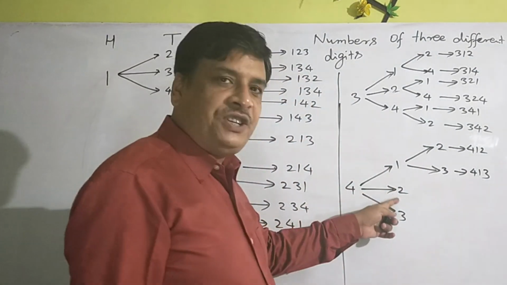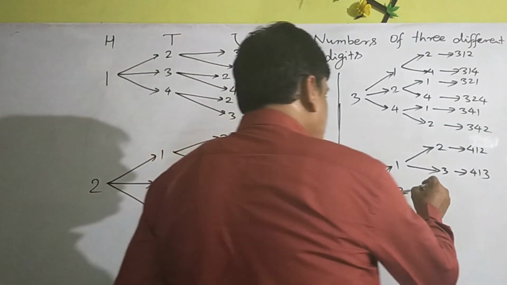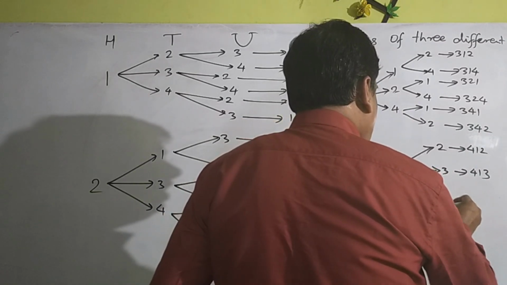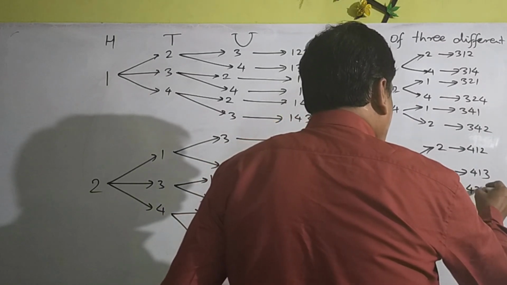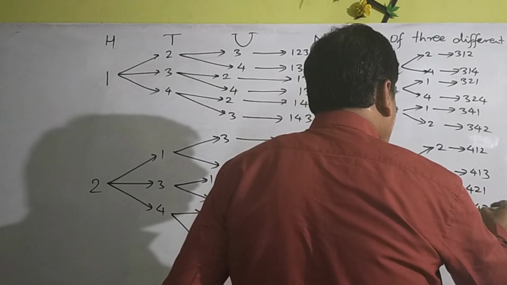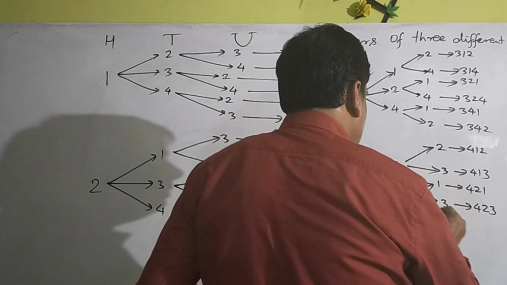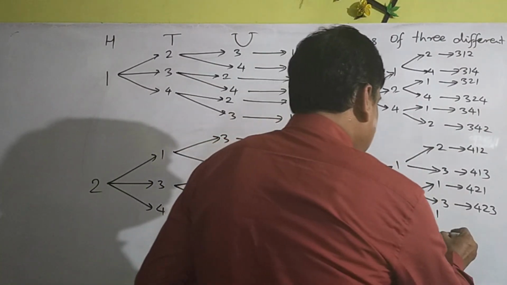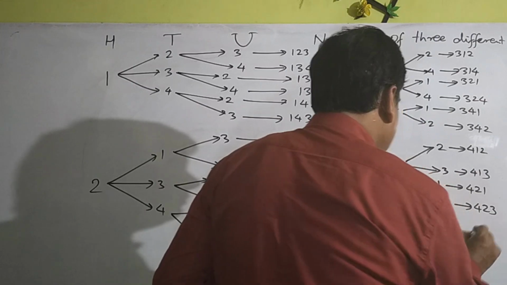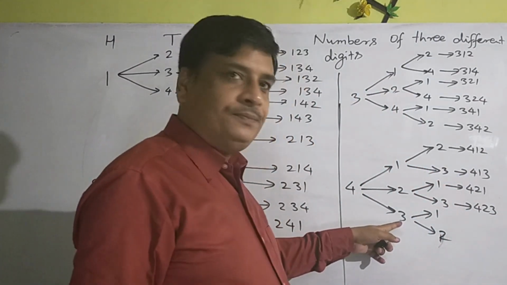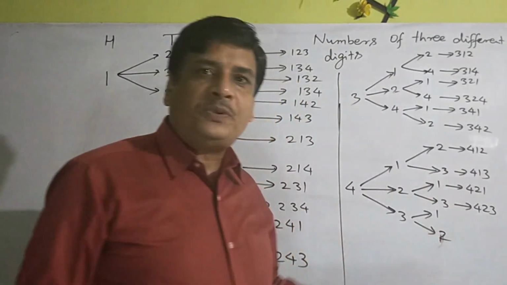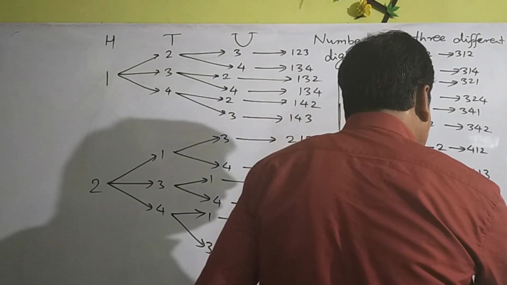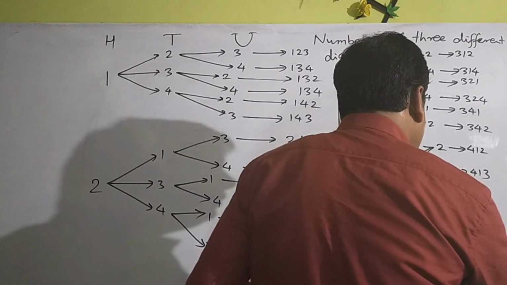When the tens place is 2, unit place can be taken 1 or 3, 421, 423. When tens place is 3, for unit place we have 2 options, either 1 or 2. As a result, the number becomes 431, 432.